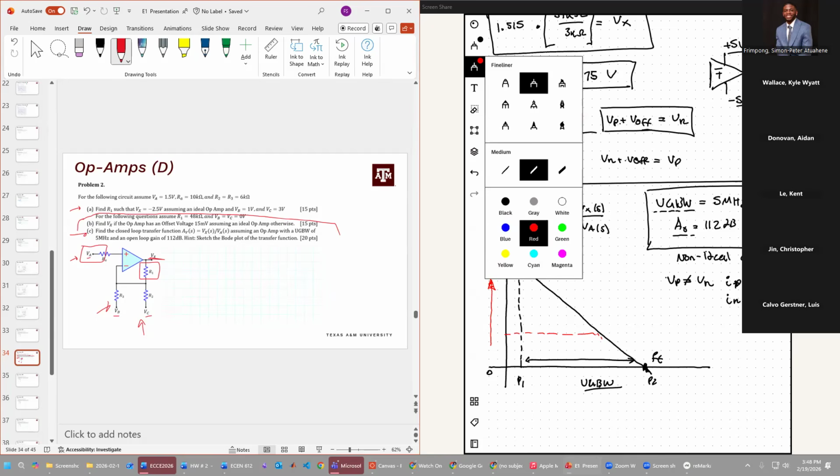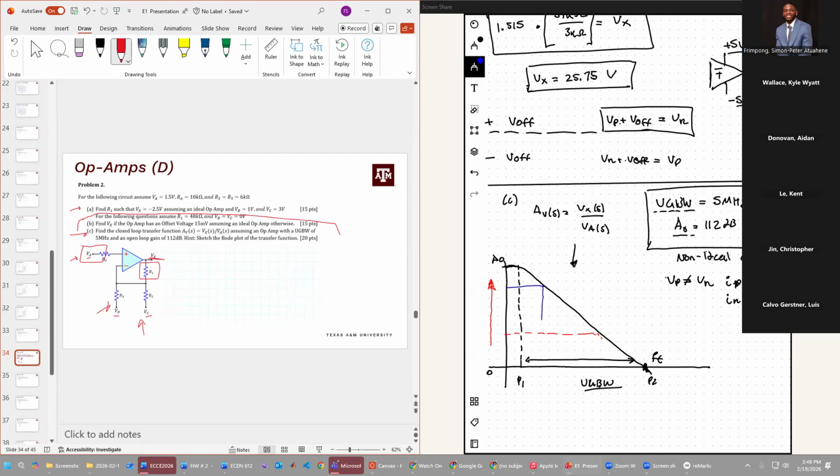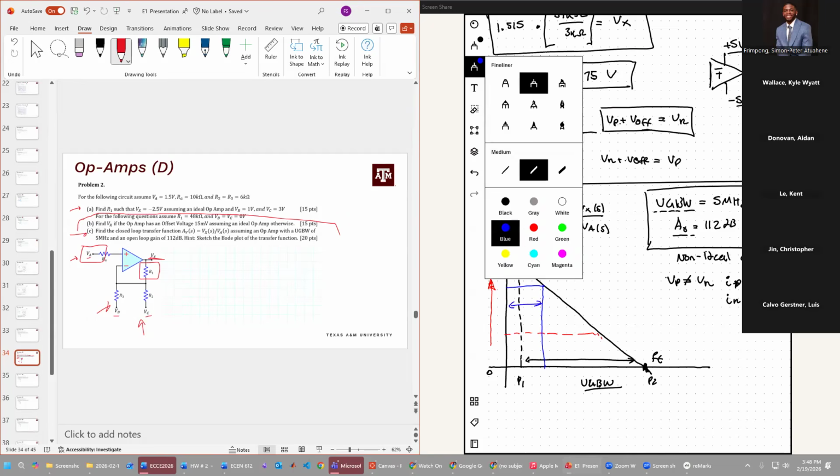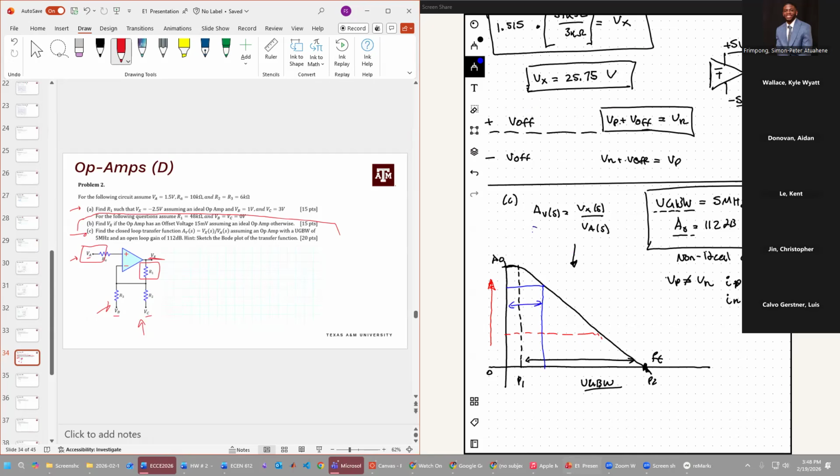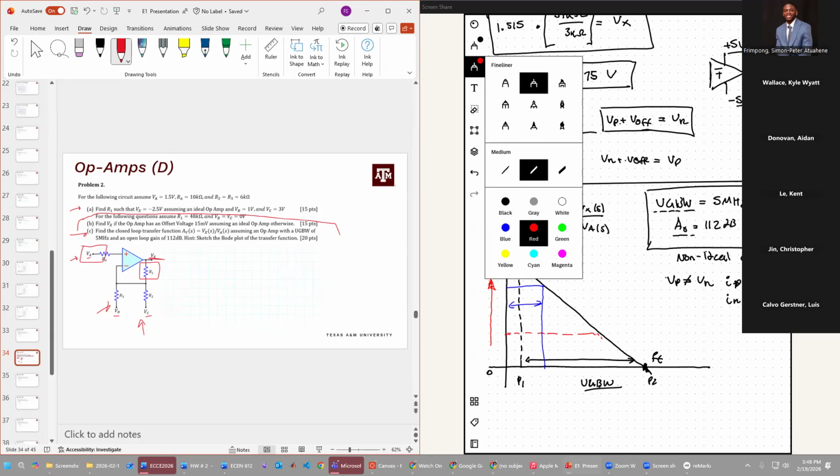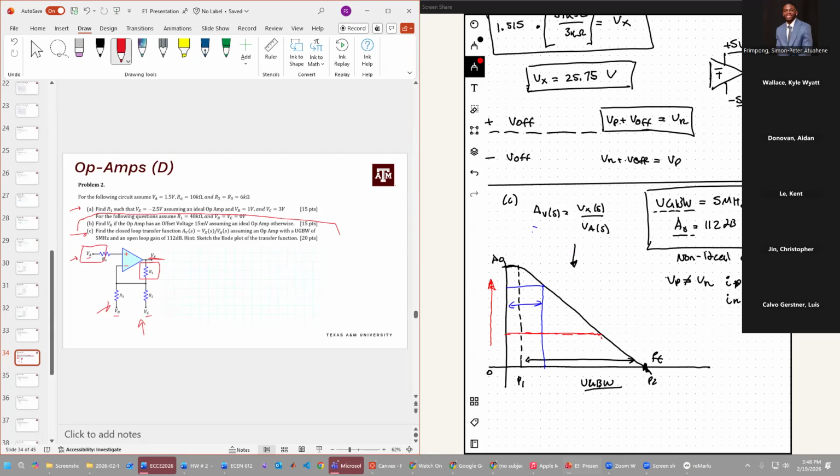So if we wanted a really high gain, we have a shorter window to operate frequency wise, versus say if we're operating at a lower gain. So this graph explains and characterizes how well your op amp performs given a particular bandwidth or a particular gain that you're looking for.